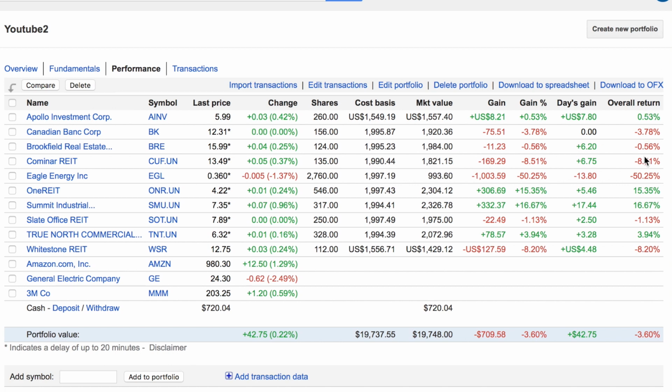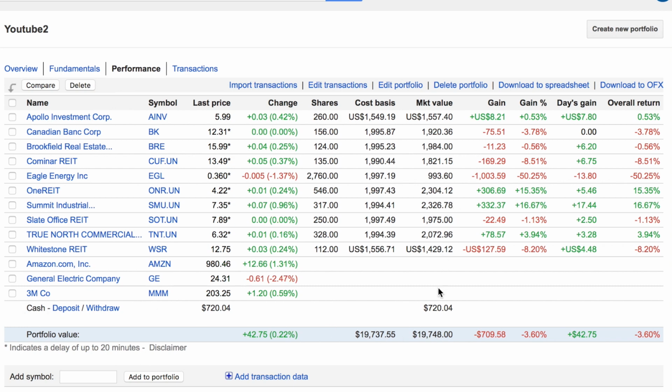So this overall return is in relationship to the percentage gain. You can see that they correlate, 851 and 851, 378, 378. So hopefully that gives you guys an idea of how the gain columns, percentage gain columns, and days gain columns work.